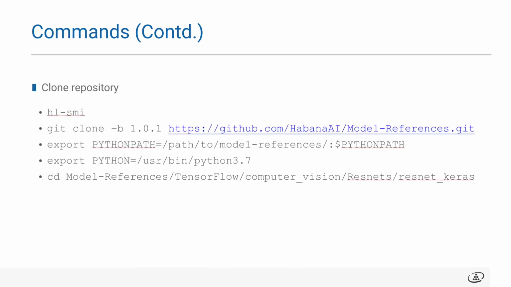You can use the hl-smi command to get the right branch version. So to clone the Model References, this is the command. We can see that the repository is cloned and available in the root directory.